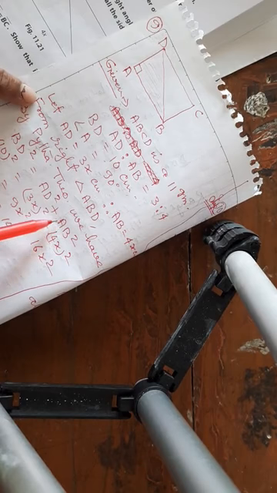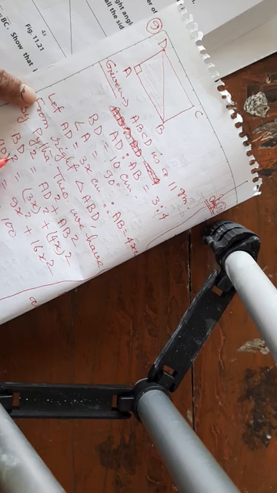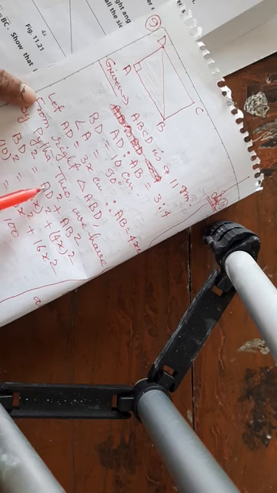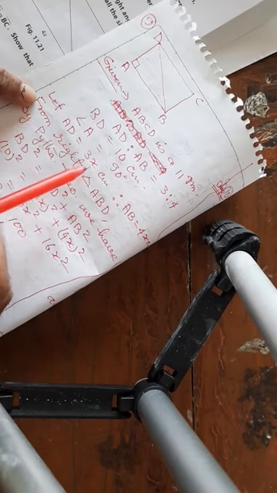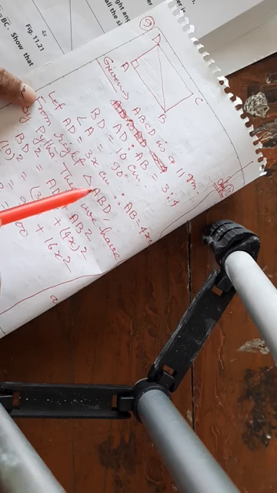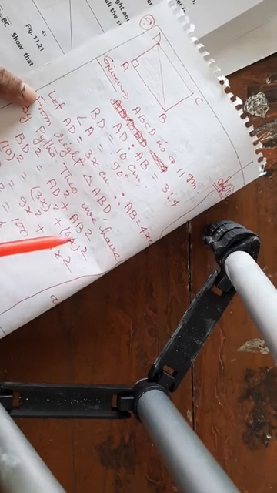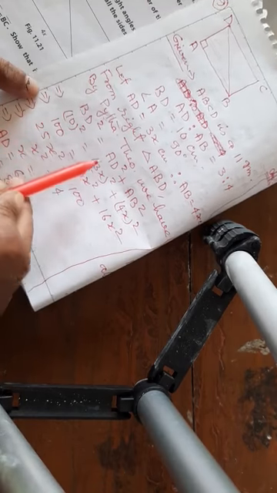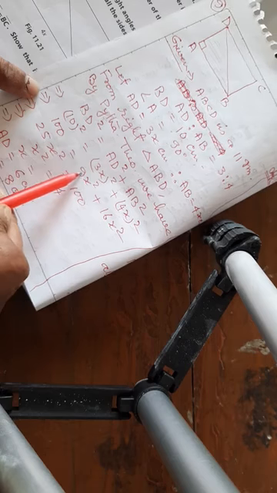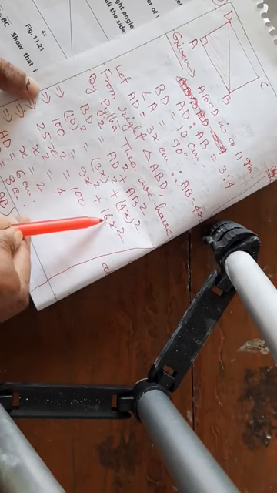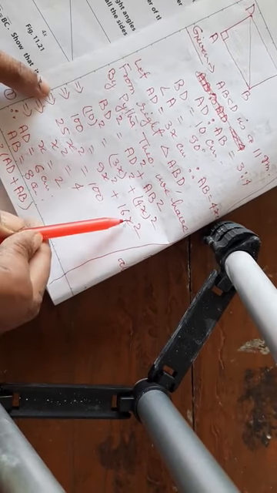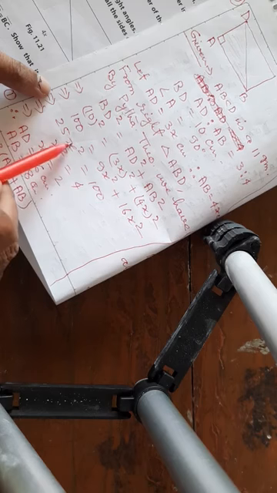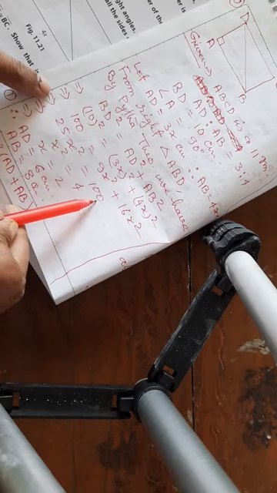Putting values, we get BD is 10, so 10 square is equal to AD 3x, so 3x whole square, plus AB 4x, so 4x whole square. That is 100 is equal to 9x square plus 16x square, so 25x square is equal to 100.